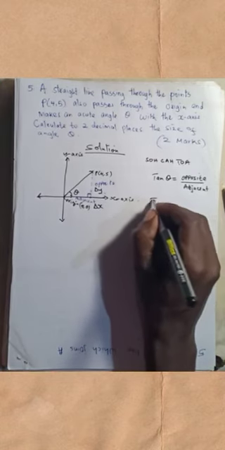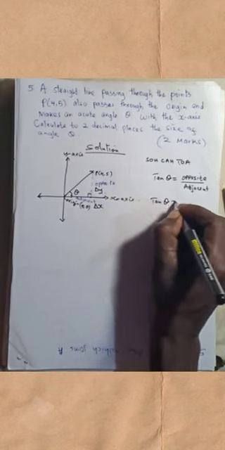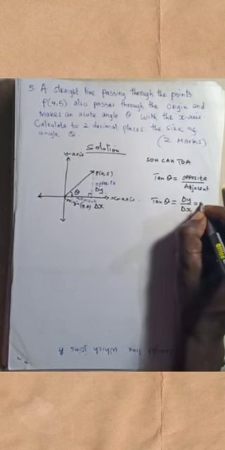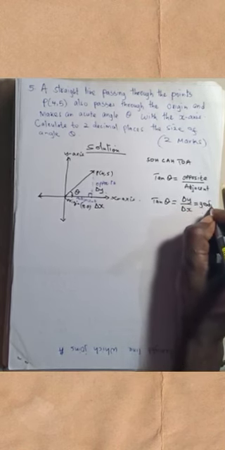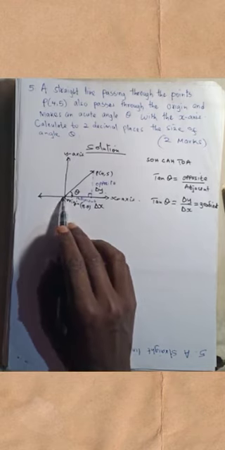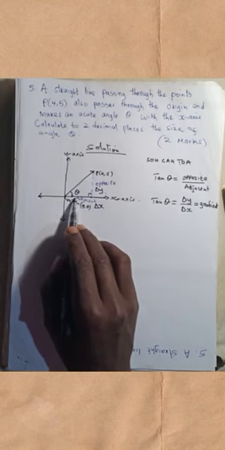So tan theta can as well be said to be equal to the change in y over change in x, which simply is the gradient. So for this case, we realize that the tangent of the acute angle which the line makes with the x-axis is equal to the gradient of that particular line.